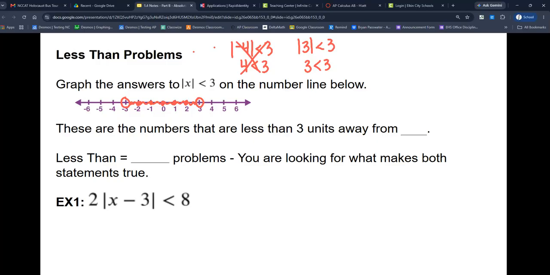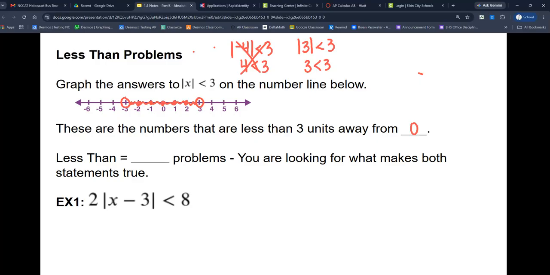For our answers on these problems, we are going to write our answer in inequality notation, and we're going to draw a number line graph, and that helps us see which numbers we're using here. So these numbers are all the numbers that are less than 3 units away from 0. That's what ends up happening here.